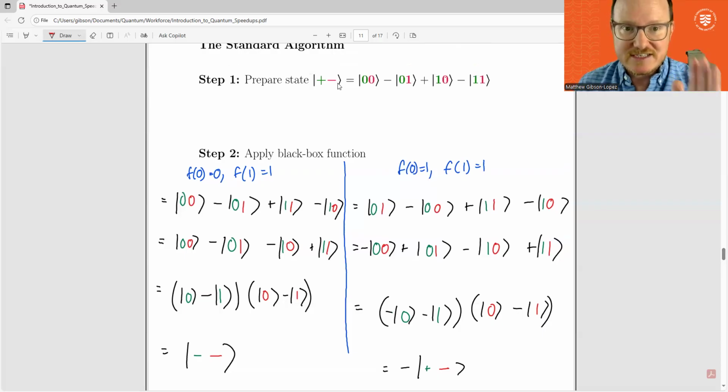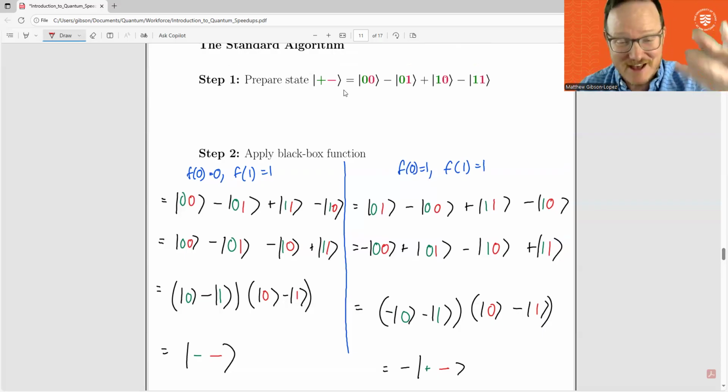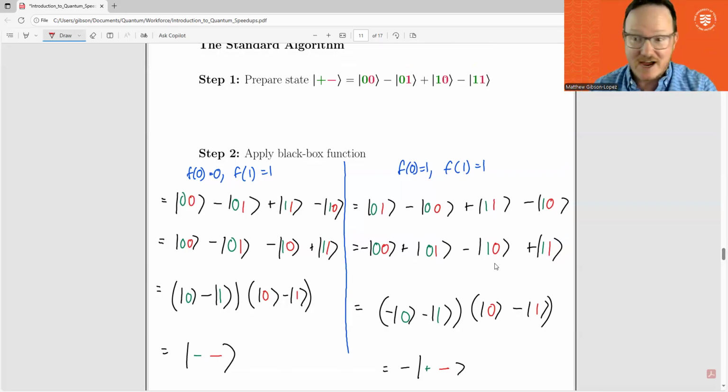So by preparing this input state, sending it to my Oracle, ChatGPT, it'll evaluate this and send it back to me. At that point in time, I get my qubit state sent back to me. It's inside of a box.